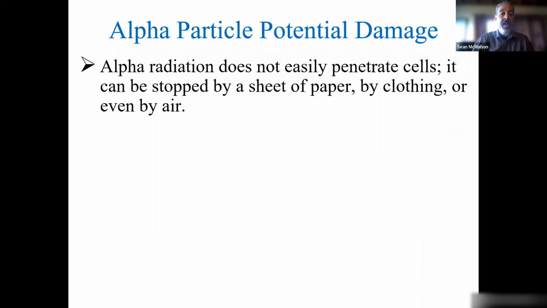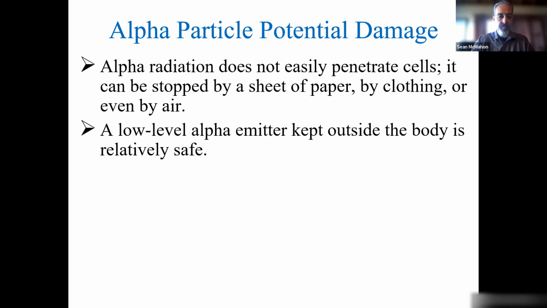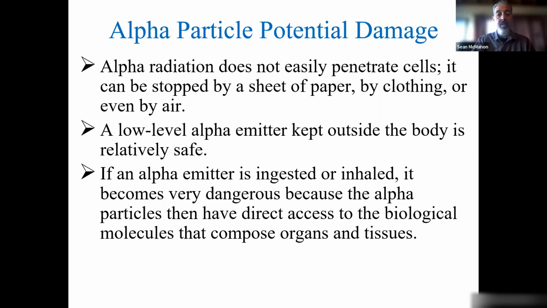So because it doesn't penetrate very well, we can easily stop an alpha particle emitter. You can use a sheet of paper or clothing, even air, because it'll start colliding with air particles and eventually just drop down due to gravity. So low-level alpha emitters that are kept outside of the body are relatively safe, because you can use a sheet of paper or your clothing, and it's not going to get into any cells in your body and cause damage, even though they have high ionizing power.